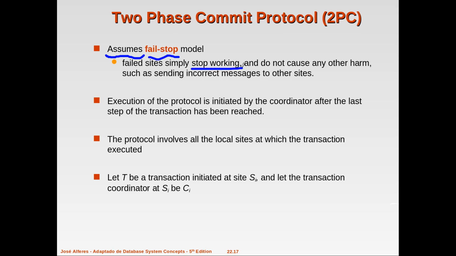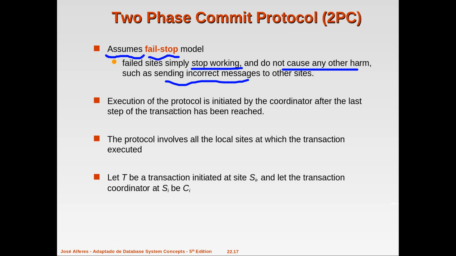If a site fails, it will stop working and will not cause any other harm, without affecting any other portion of the same transaction on the same site, or on some other site. And it should not send any incorrect messages to other sites also.